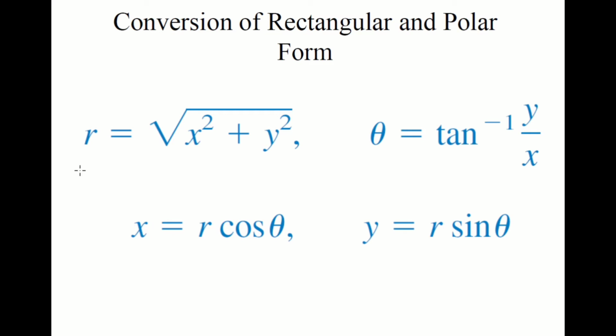To get r, the magnitude in polar form, you use the equation square root of x to the power of 2 plus y to the power of 2, where x is the real part and y is the imaginary part. To get theta, you use inverse tangent of y over x.